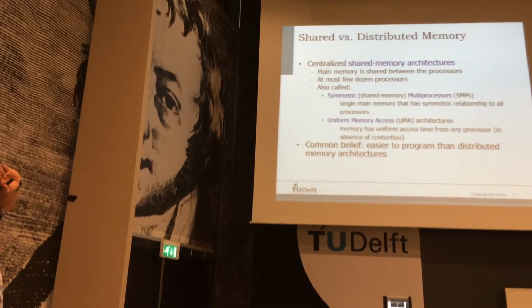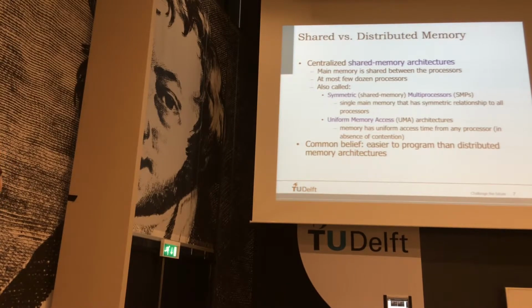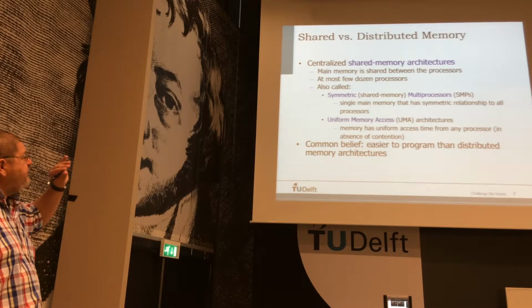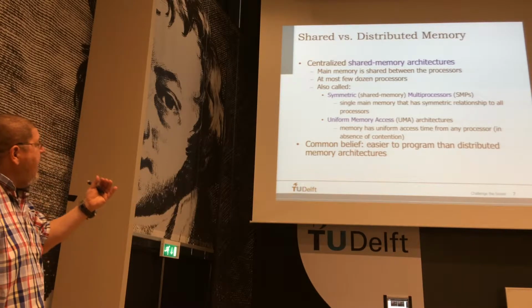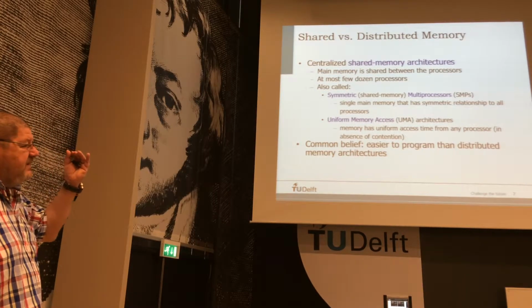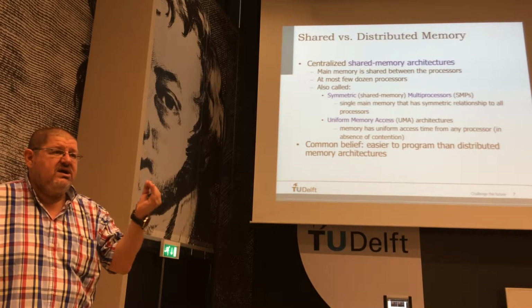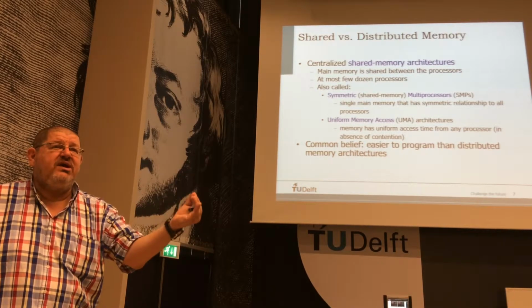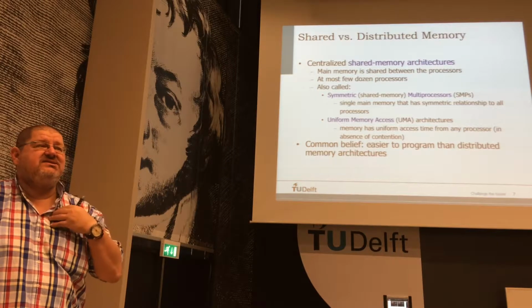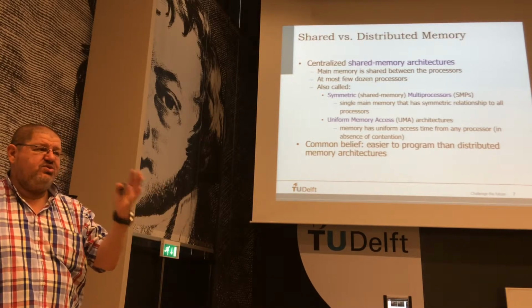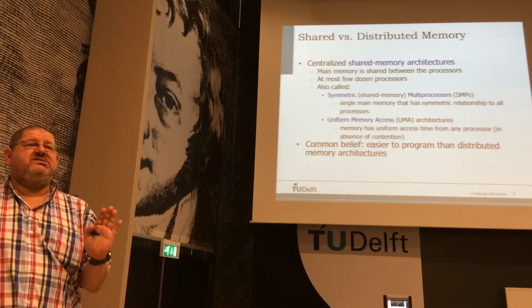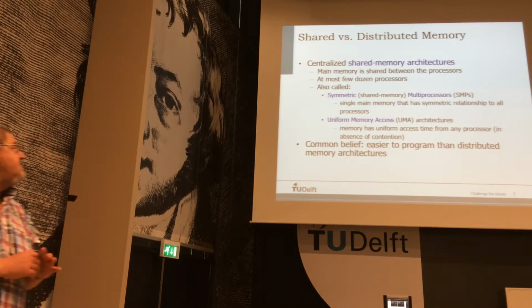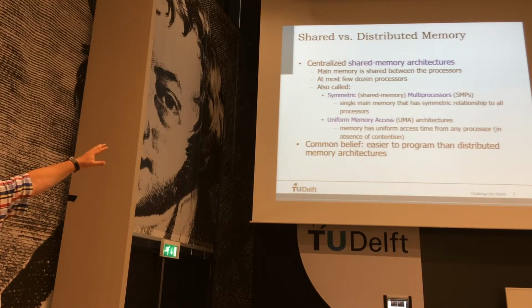You can have shared memory, which is centralized, and all the processors have access to that memory in the same way. Then the access time of the processor to that shared memory does not depend on the position of the processor. That's the reason why we call that uniform memory access or UMA architecture.